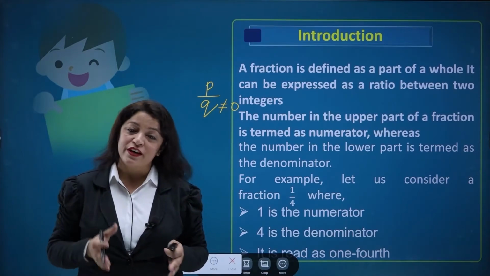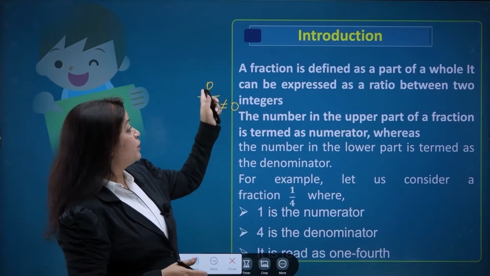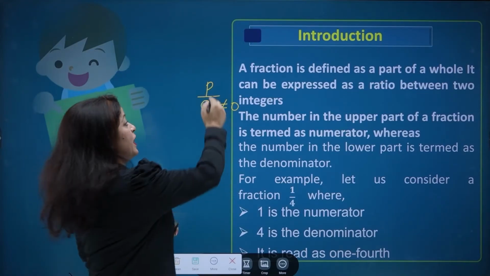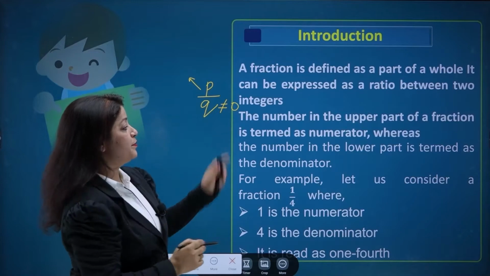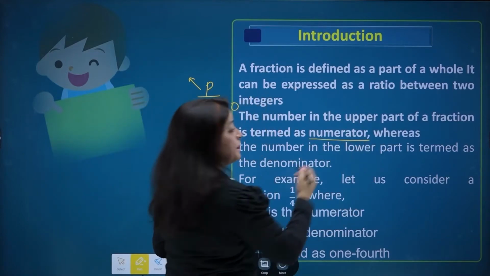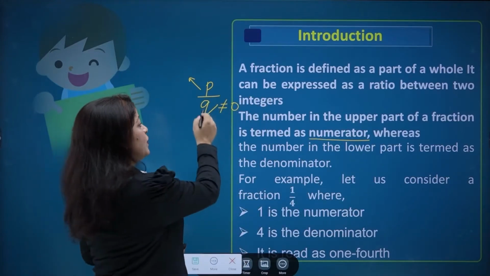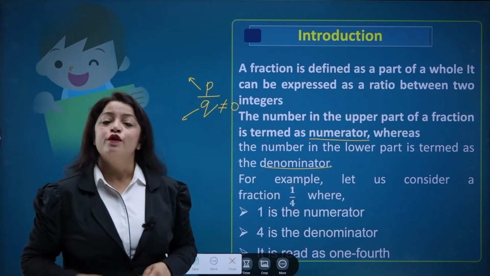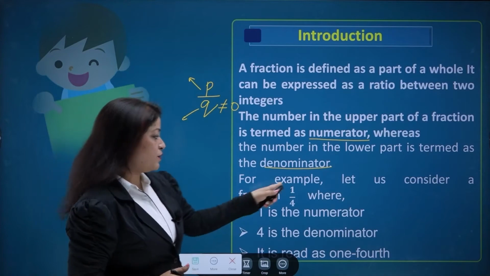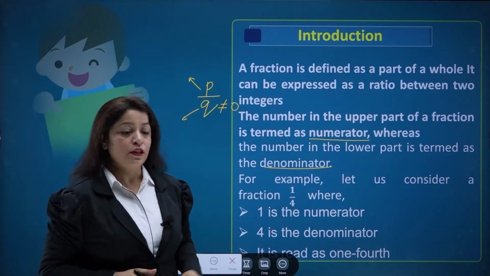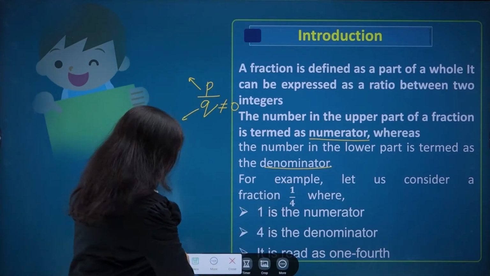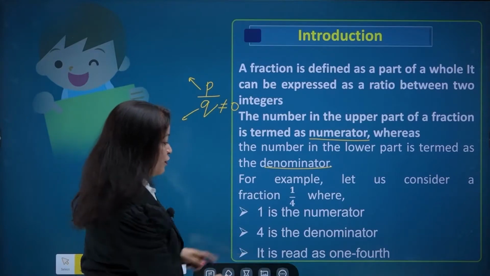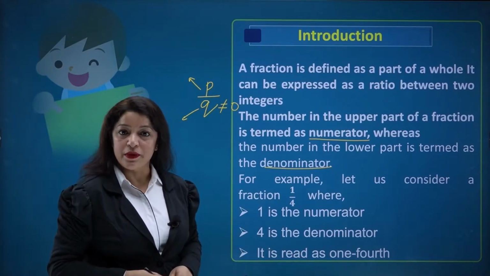So what fractions are is now very clear. We know that it can be expressed as P upon Q, and P is called the numerator because it is the upper part of the fraction, and the lower part, that means Q, is called the denominator. For example, if we see a fraction 1/4, here 1 is the numerator, and 4 is the denominator.